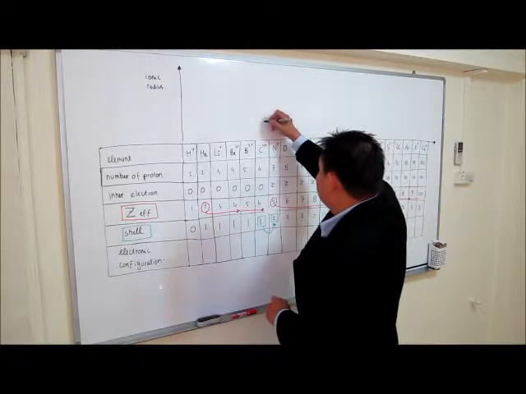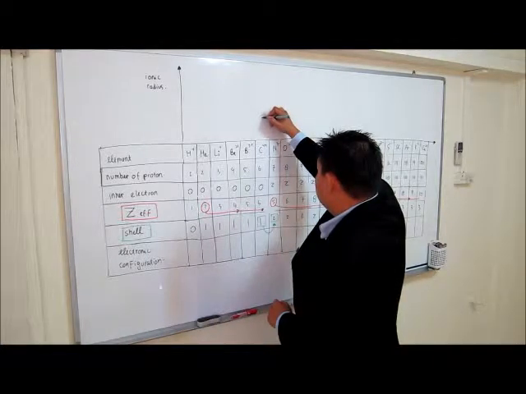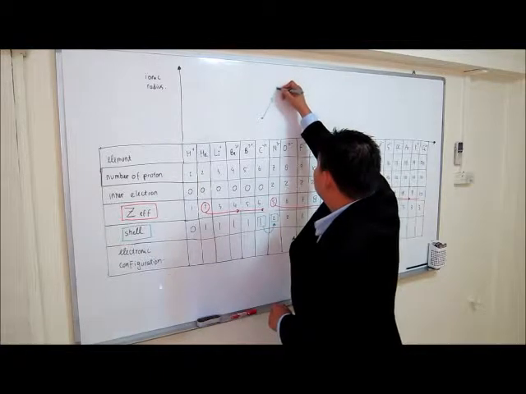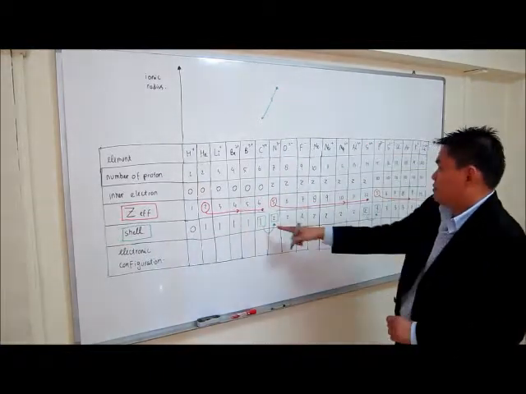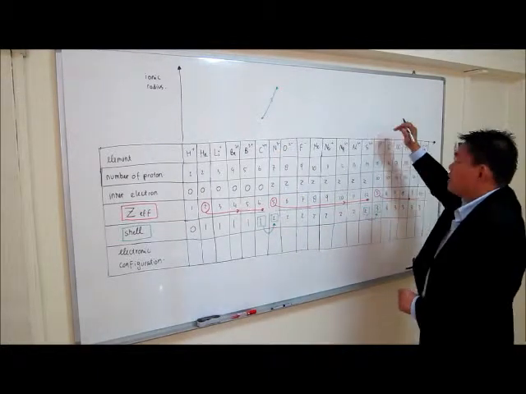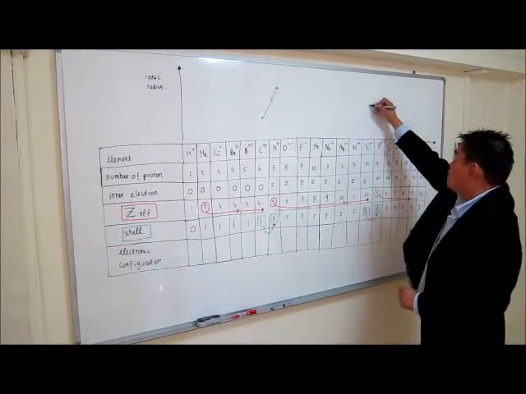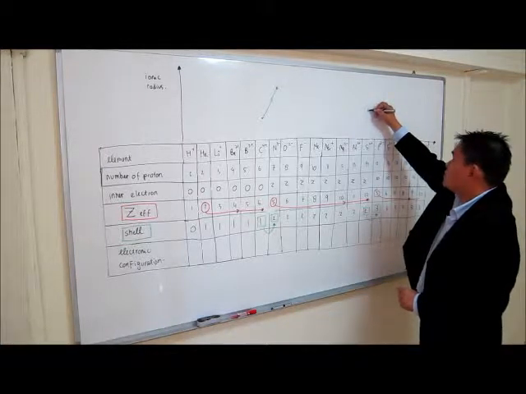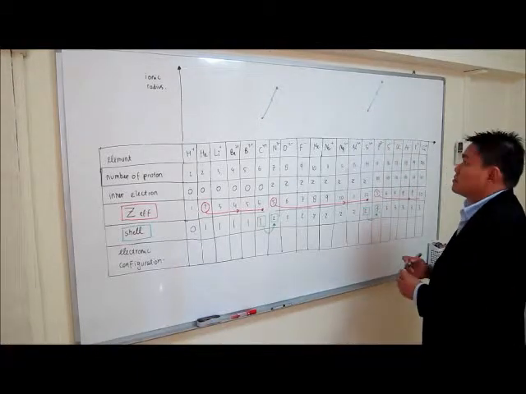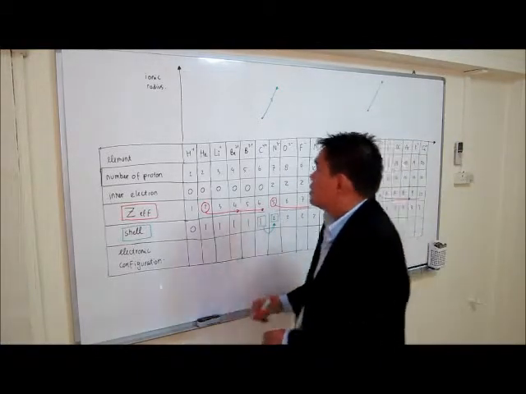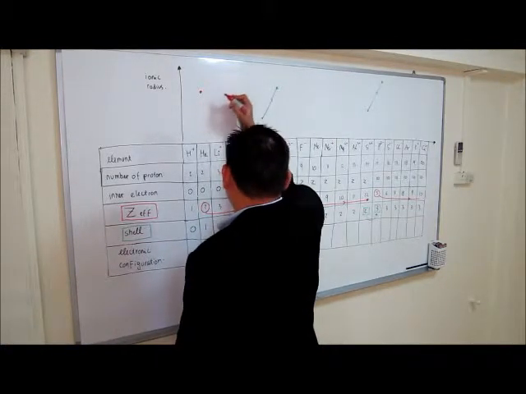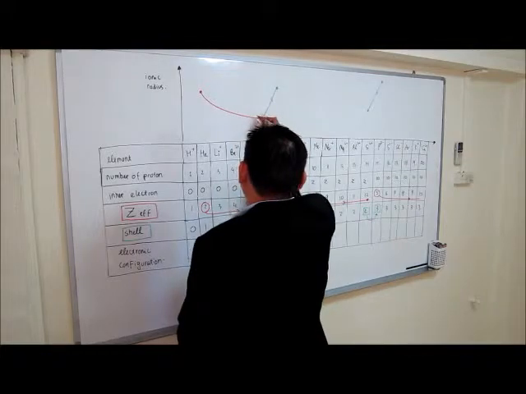So very simple. We draw a significant increase here from carbon 4 plus to nitrogen 3 minus, and we apply the same method from silicon 4 plus to phosphorus 3 minus. Starting from helium, it will be a gradual decrease.